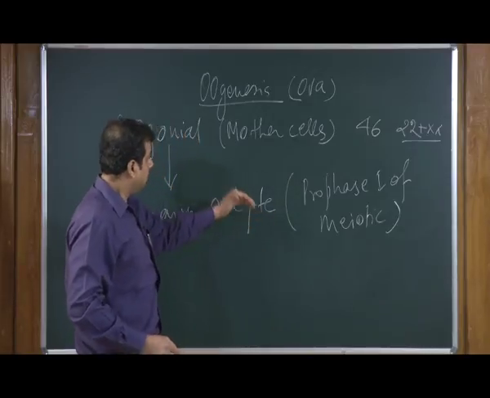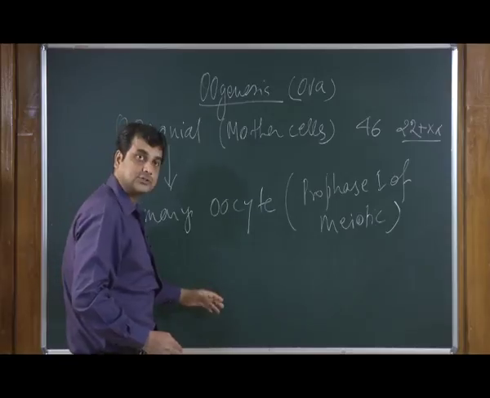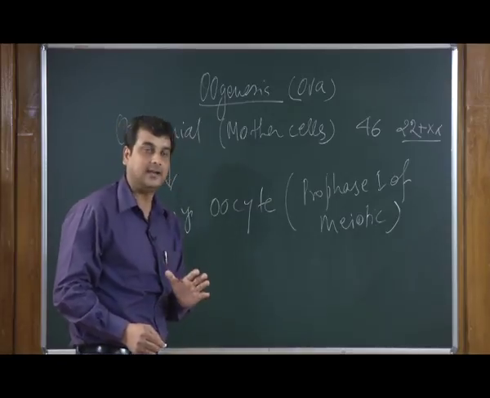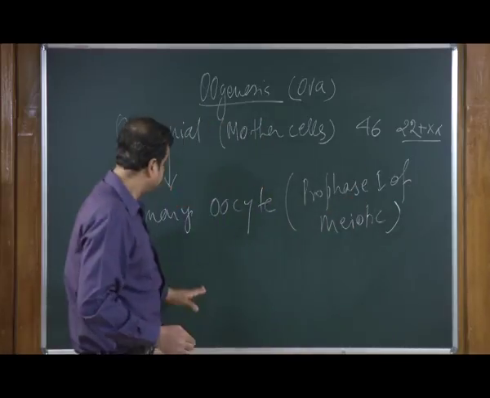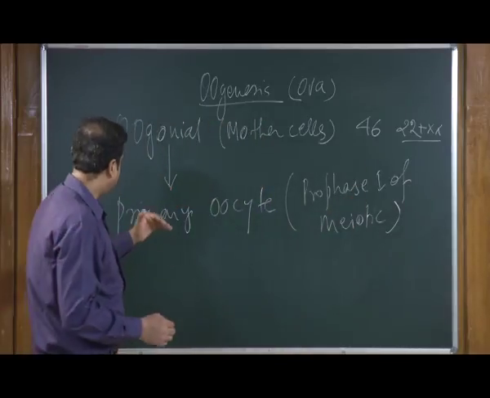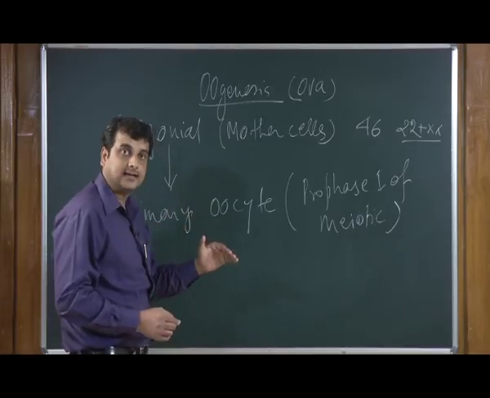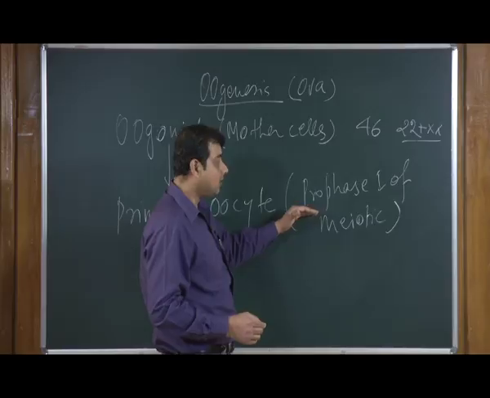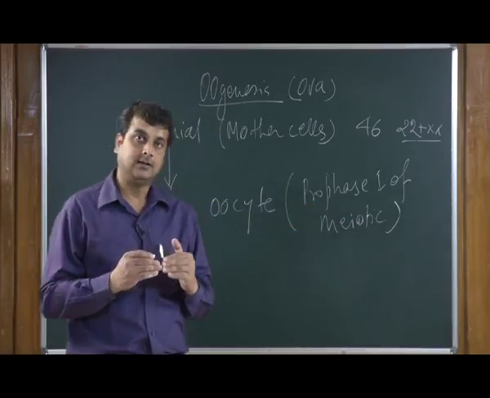Now these cells are going to give rise to an ovum, which is haploid in nature eventually, and that will have 23 chromosomes. What we are talking about here is the primary oocyte, which is arrested in prophase 1 of meiosis at the time of childbirth.